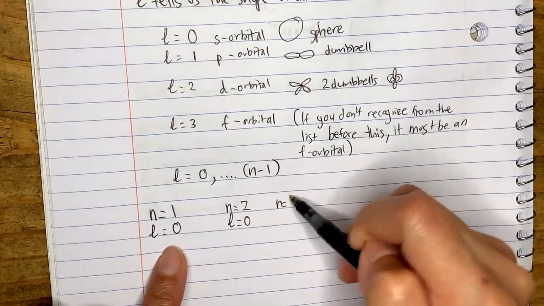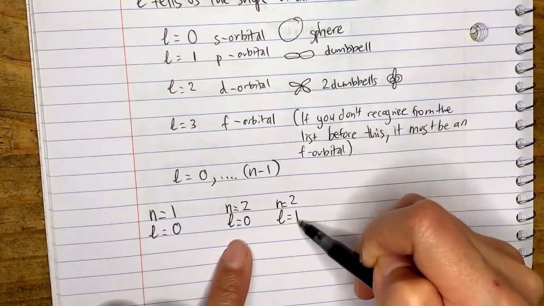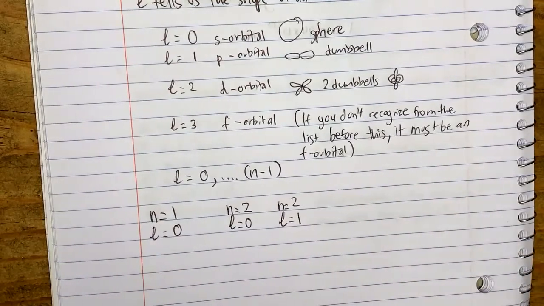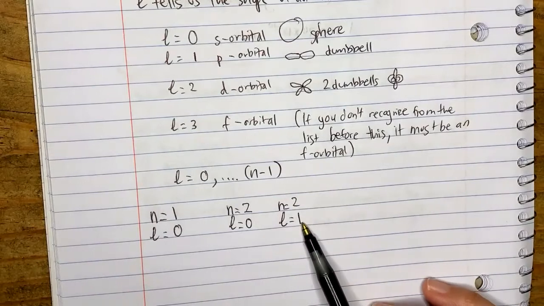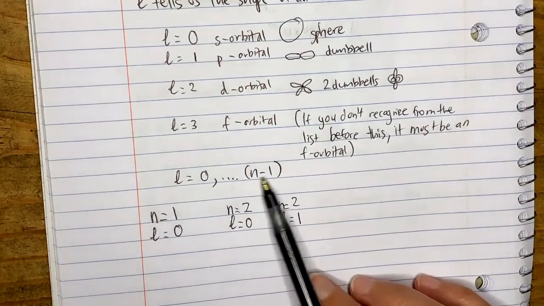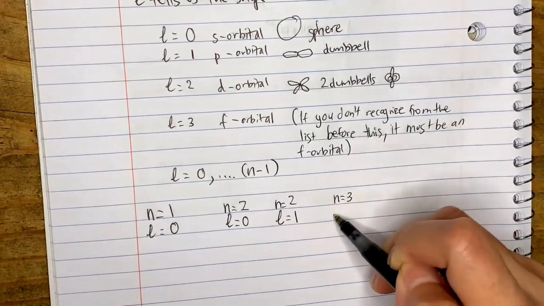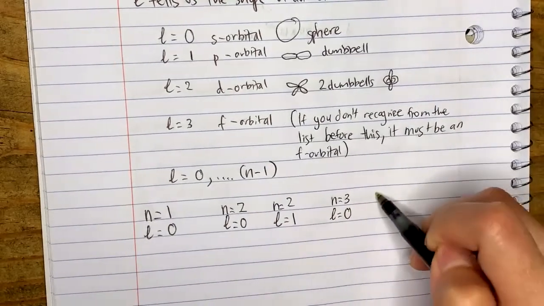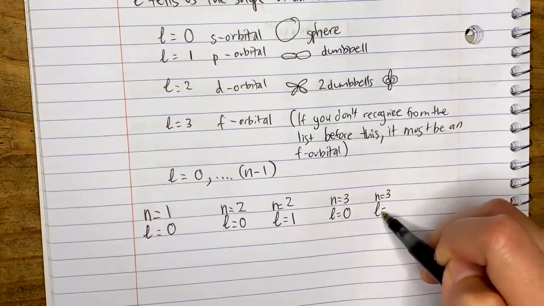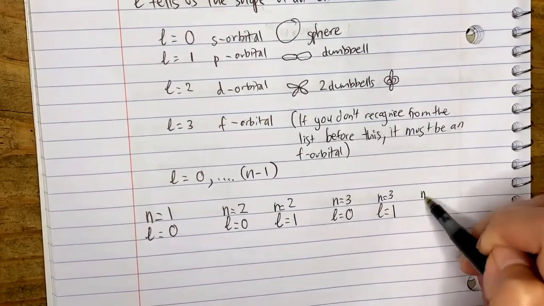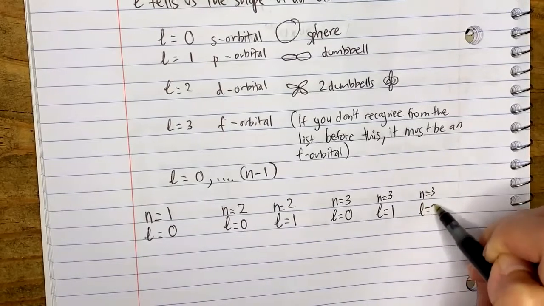L can also be 1, correct? But can n equals 2 have L equals 2? Nope, impossible because it's stuck to n minus 1. Then if n is level 3, my L can be 0, 1, and also 2.